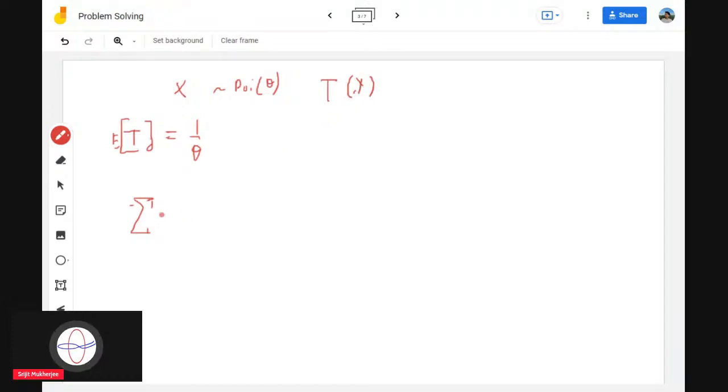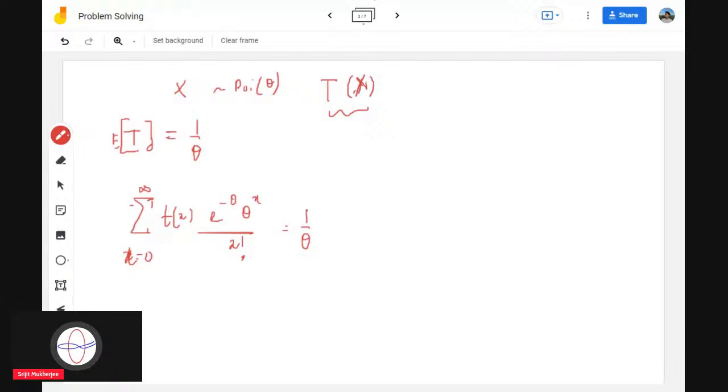Therefore, by the law of the unconscious statistician, the sum over x from 0 to infinity of T(x) times e to the power minus theta, theta to the power x over x factorial, with X just one observation, is equal to 1 by theta.